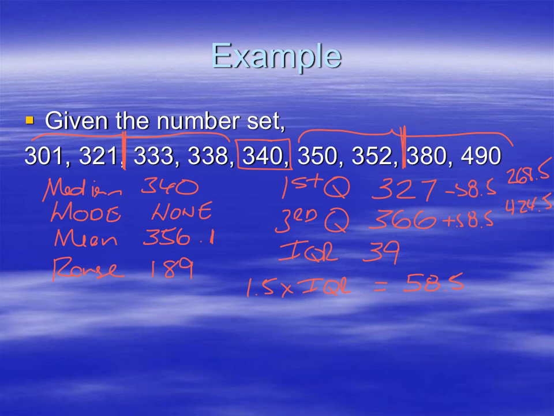Now in this case, only the 490 is not inside those values. That would be considered our outlier. To do my box and whisker plot, I'm going to scale this one by 50s.